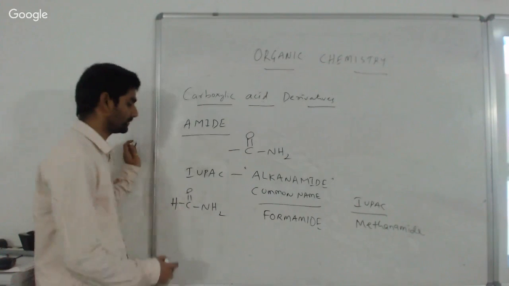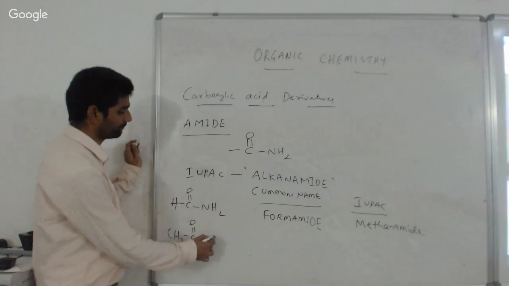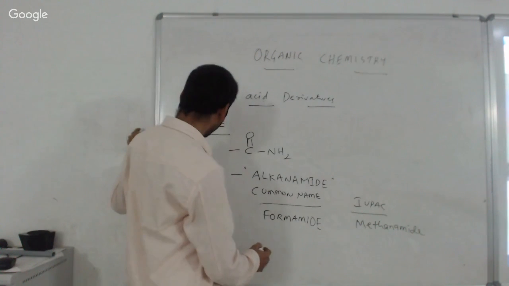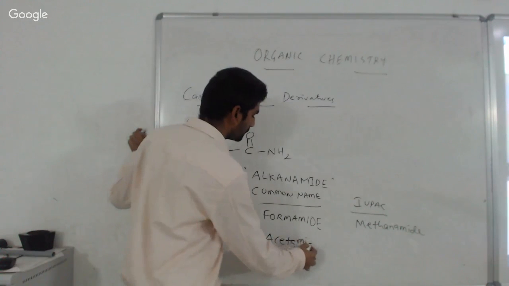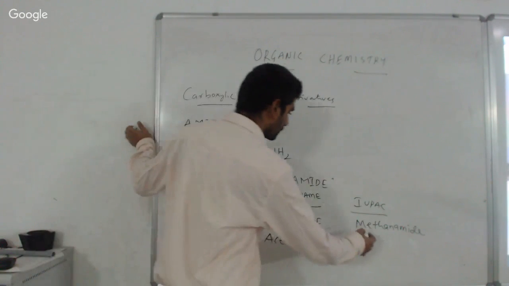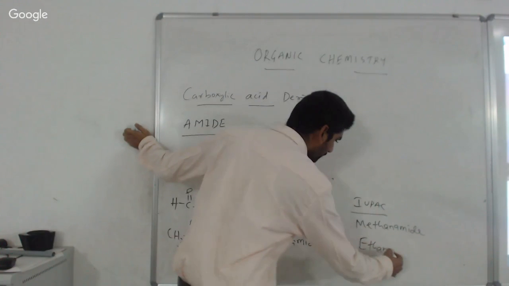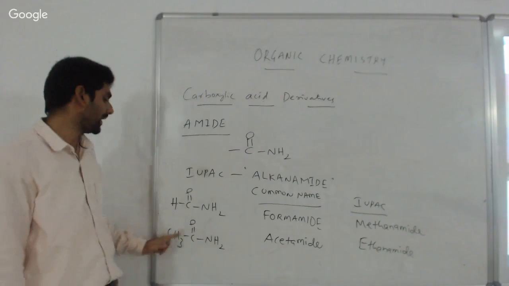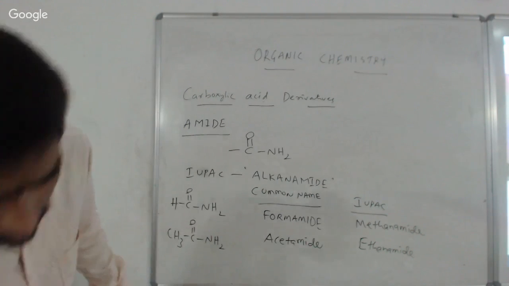Then this one is acetamide, and ethanamide is the IUPAC. Formamide, acetamide; methanamide, ethanamide are the IUPAC names.